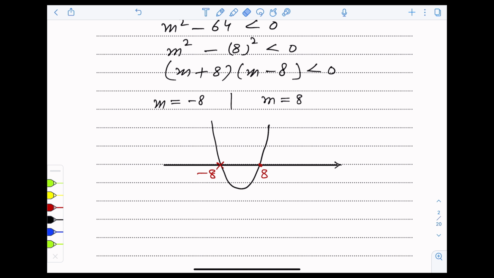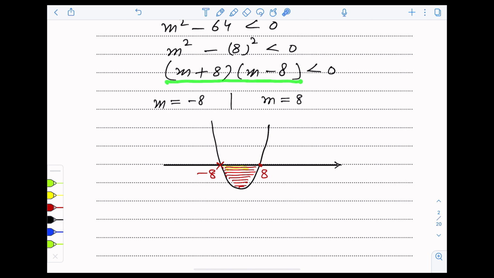Solution actually, since the negative solution lies between these two values. Since y is negative, this portion lies below the x-axis. Below the x-axis means the value of the function is negative.